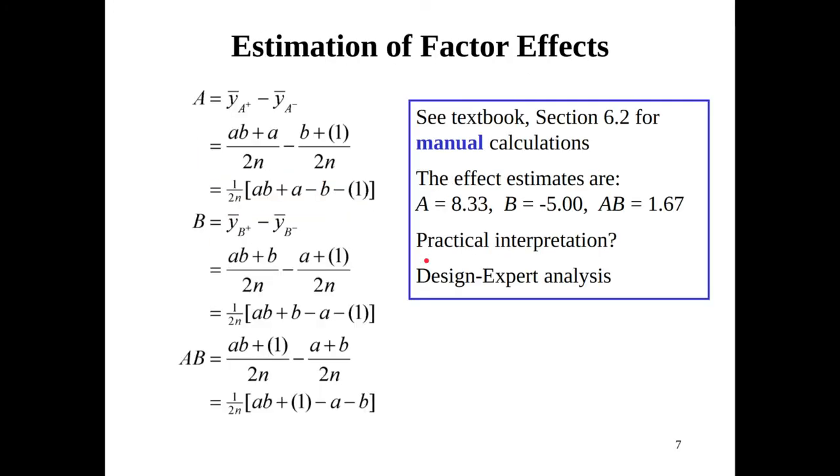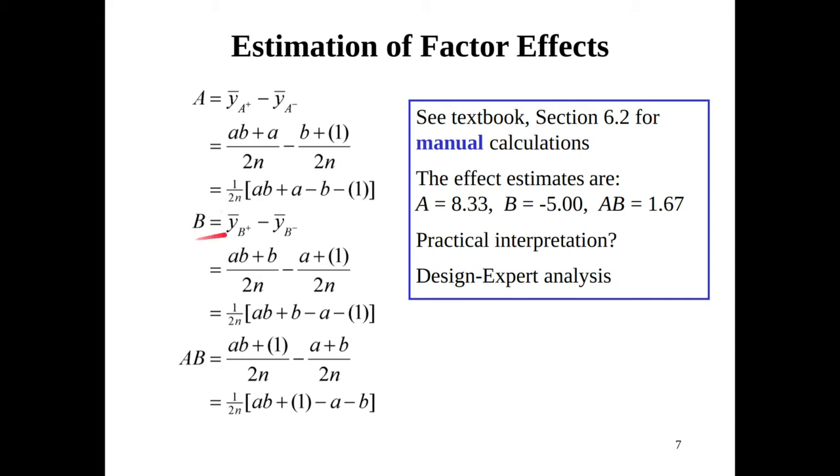Then similarly on the low side, B plus 1 divided by 2n. Now if you take 1 over 2n common and write the numerator in parentheses as AB plus A minus B minus 1, this is called the contrast for factor A. This is a special term, and if we divide it by 2n, we get the effect of factor A.